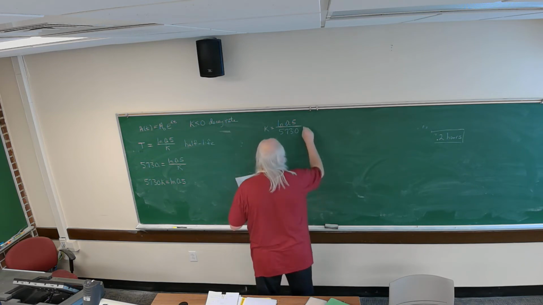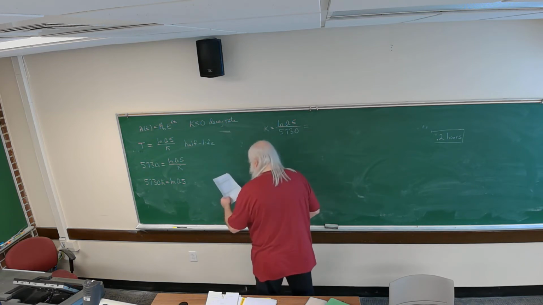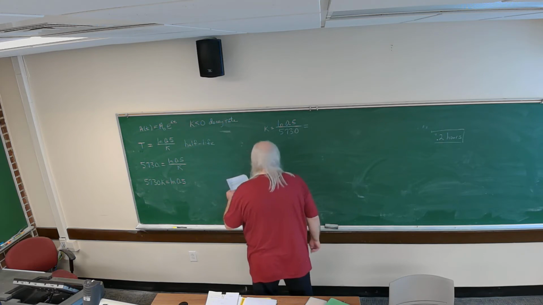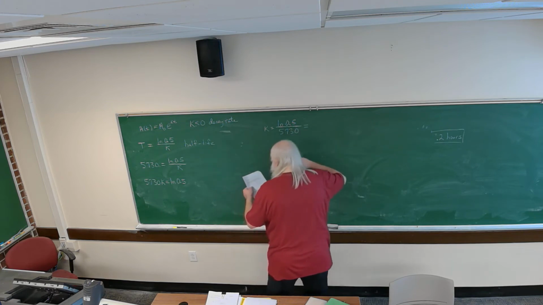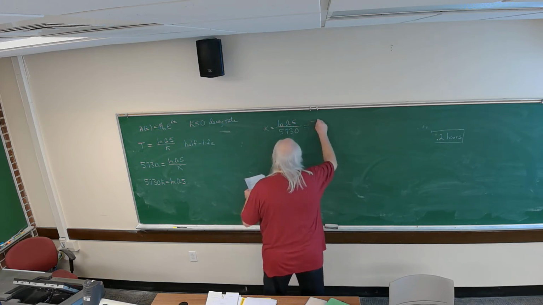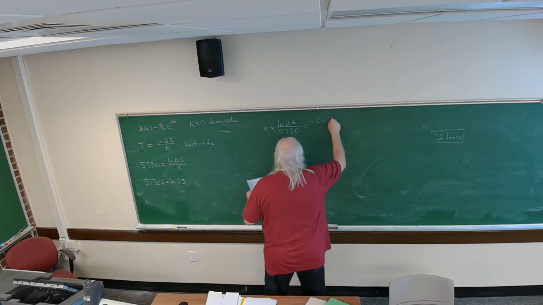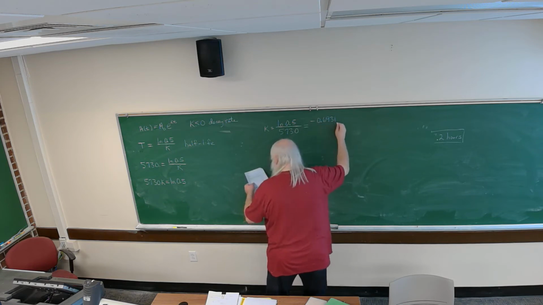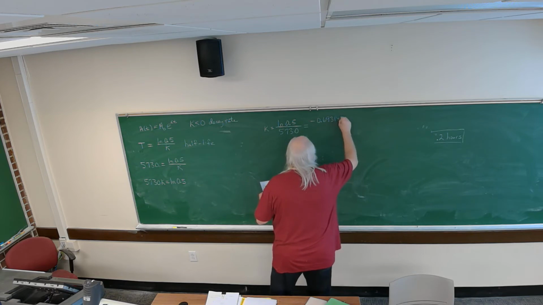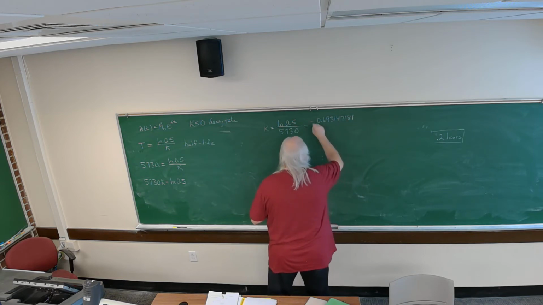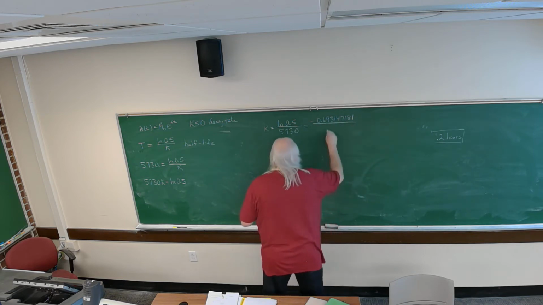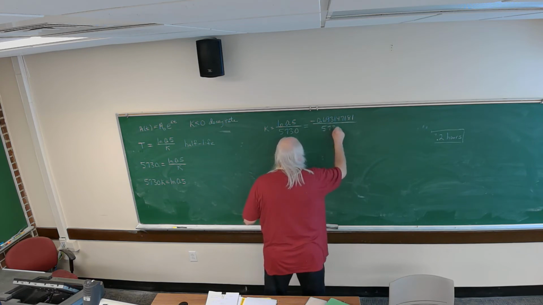That as a decimal is equal to, well, the natural log of 0.5 is equal to minus 0.69314781 divided by 5,730.